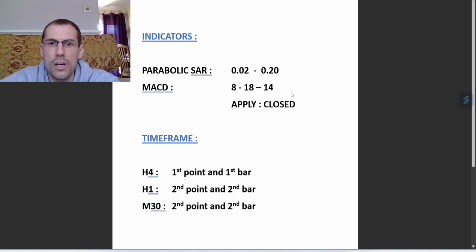So I will open a clear chart and we will backtest together. I show you how to set this, I show you the settings. I will test three on the 4 hours chart and three on the 1 hour chart. So together six, and we will see how it goes and how it works.